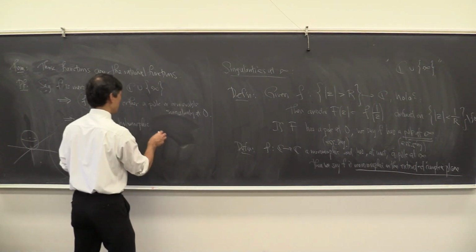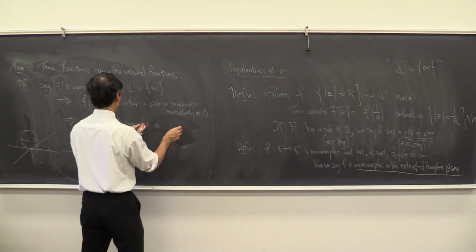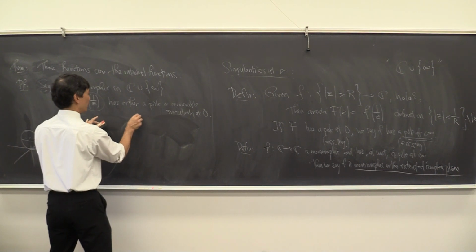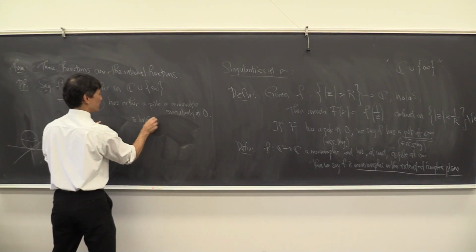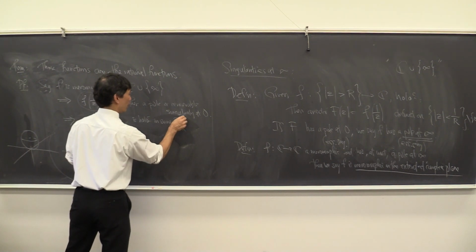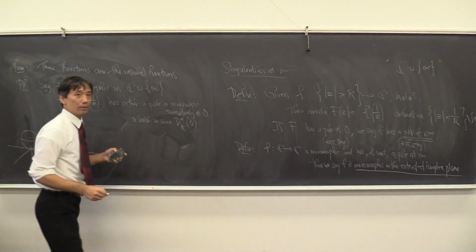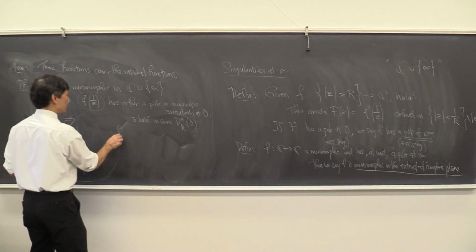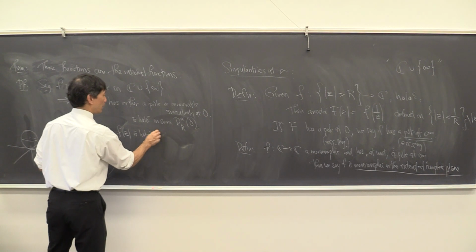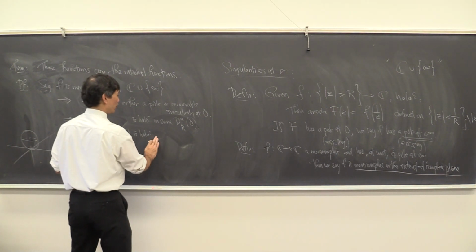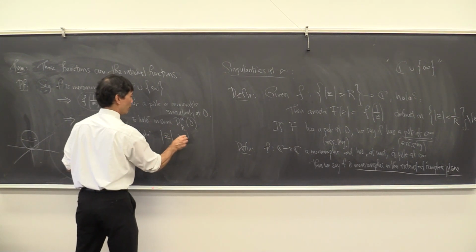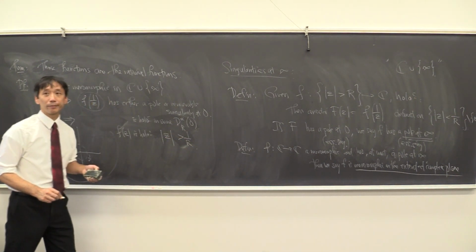So this guy is holomorphic in some punctured disk D sub r around 0, and so f is holomorphic for z bigger than 1 over r, right?